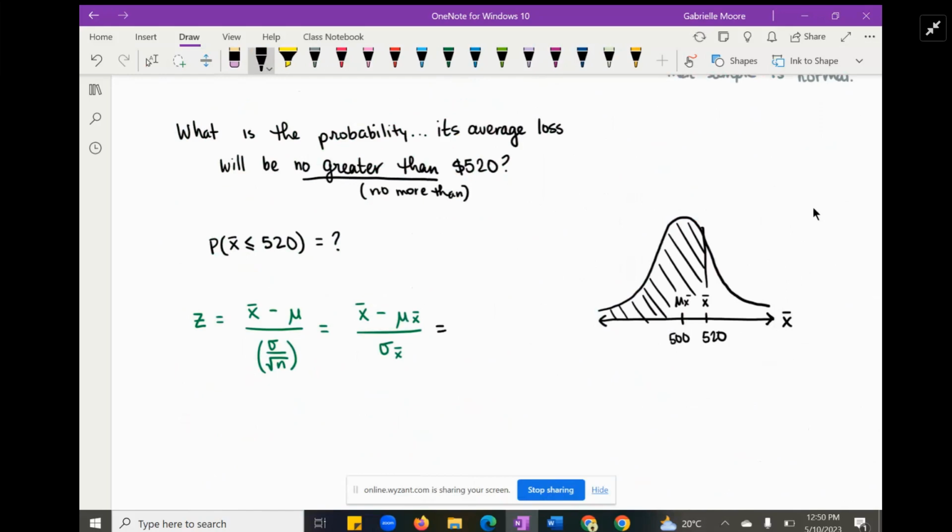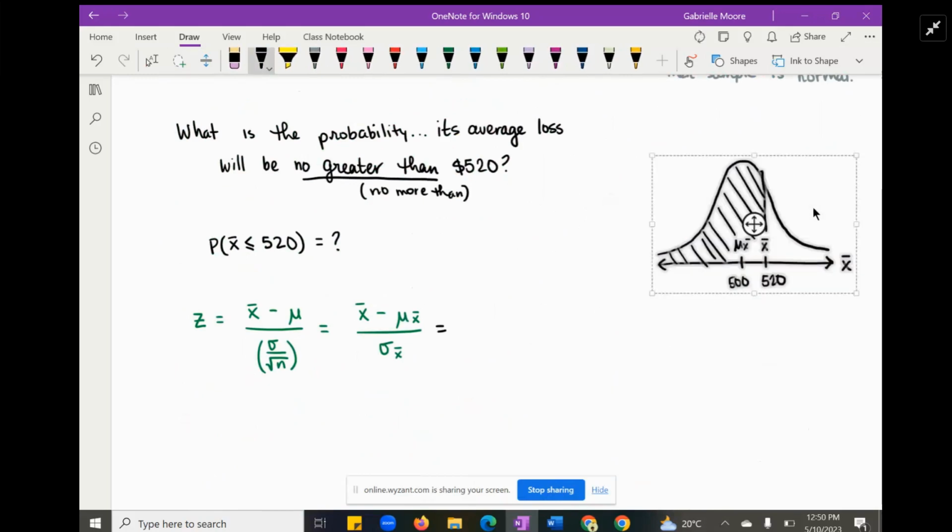Okay, so now we're going to plug in the information to that formula, which sometimes is called the central limit theorem formula, or the formula for CLT. And you can see that the formula for the standard error is plugged in, but you could just plug in the value after calculating the standard error separately. So that's going to be 520 minus 500 over 20.